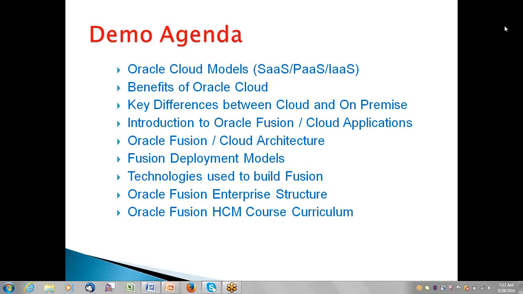We will also introduce Oracle Fusion cloud applications, focus on cloud architecture, deployment models, technologies used to build Fusion, and the Fusion enterprise structure, and how it is different from present applications. And I'll share the course curriculum that we are going to cover.